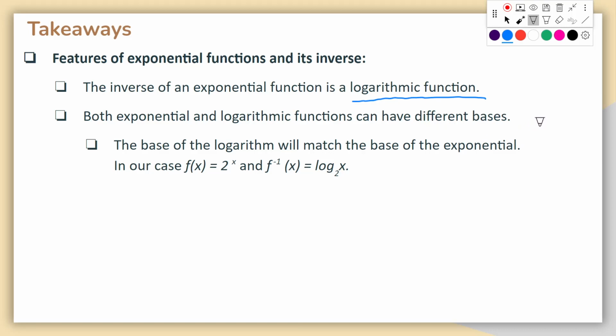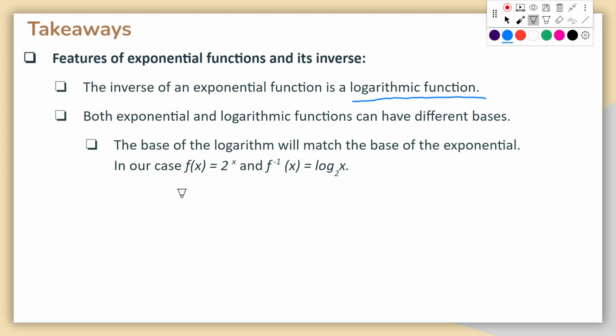Both exponential and logarithmic functions can have different bases. We happen to look at an exponential function that had a base of 2, so its inverse is said to be a logarithm of base 2. So the base of your exponential and the base of your log are going to match, but these bases can change.